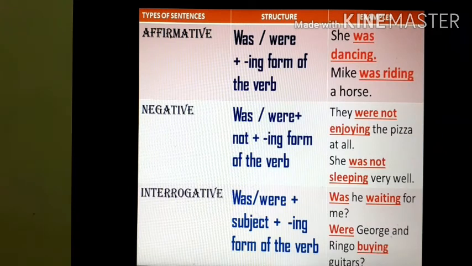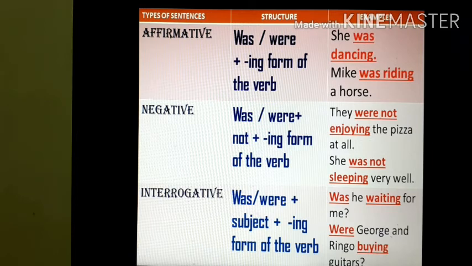Here is the structure along with the types of sentences with examples of past continuous tense. In affirmative sentences, the structure for past continuous tense is was or were plus the ing form of the verb. She was dancing. Mike was riding a horse. In negative, it's was or were plus not plus the ing form of the verb.